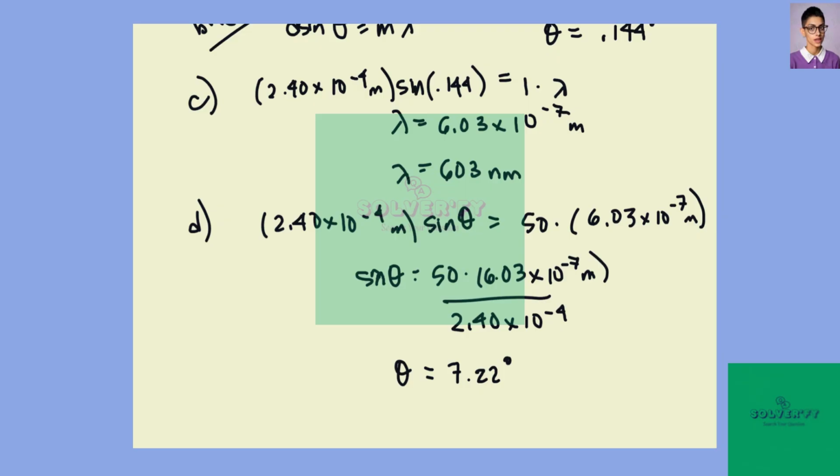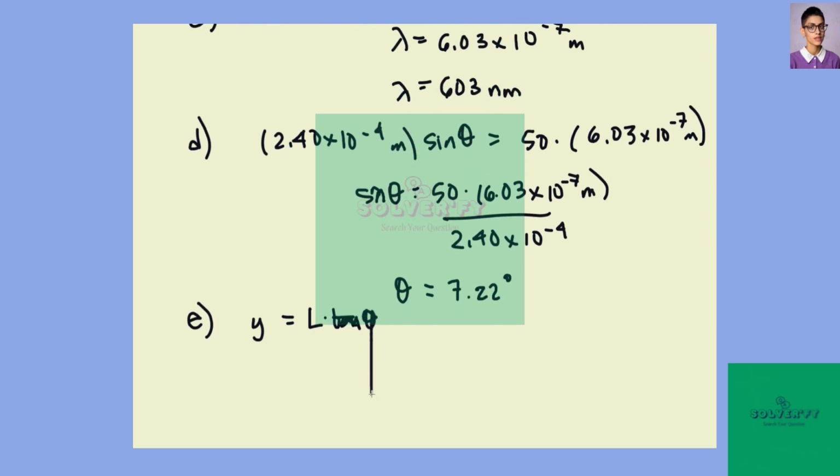Then for part E, they say find the position of the 50th order bright fringe using this equation. So using equation 37.5, which is just that the bright spot is equal to L times the tangent of the angle.